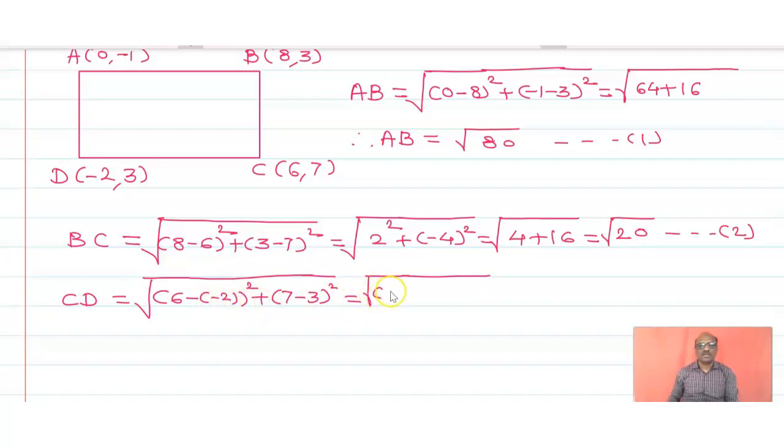Therefore here you will get (6 plus 2) squared and 4 squared, that is 8 squared plus 16, that is 64 plus 16, and that is the root of 80.